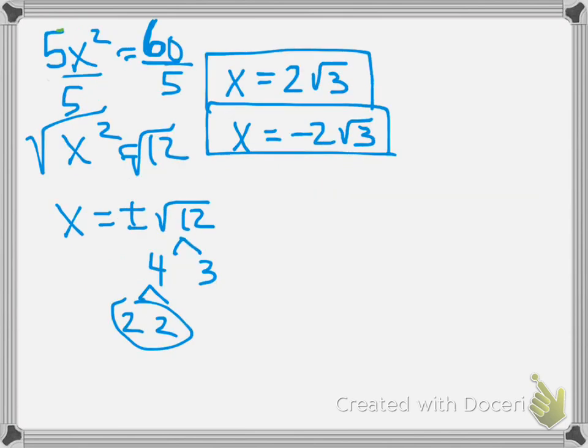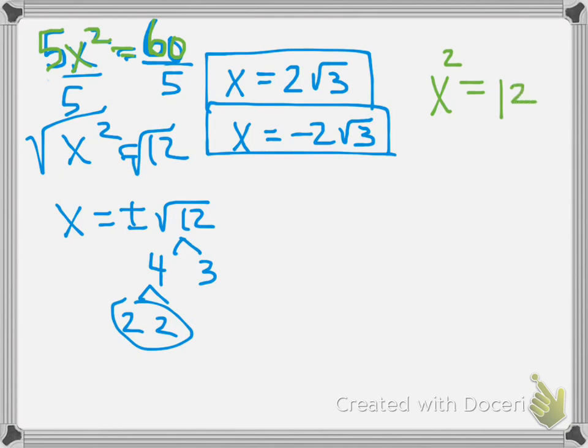Next problem starts out like this. 5x squared equals 60. So first thing to do is divide by 5 to get the x squared by itself. So then you get x squared equals 12.